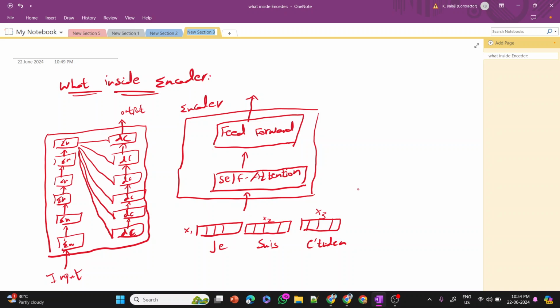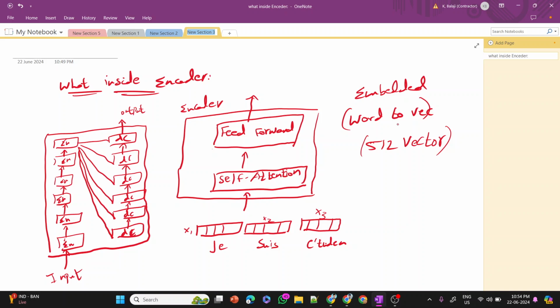Here we use the word2vec embedding technique. By using word2vec, it will convert the word into vectors of a fixed dimension.